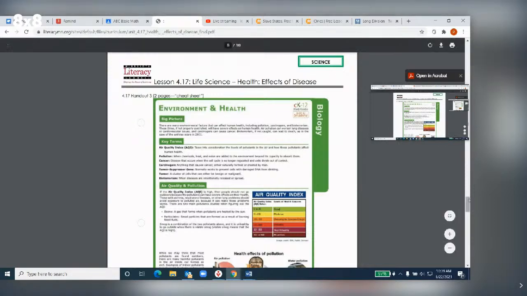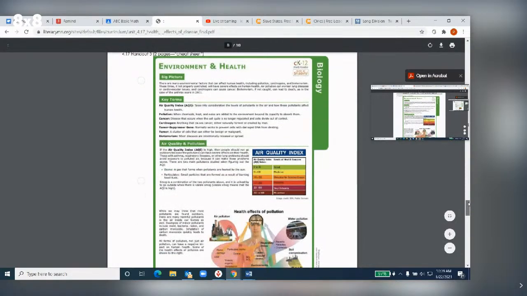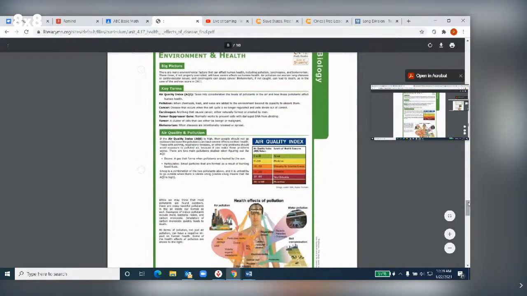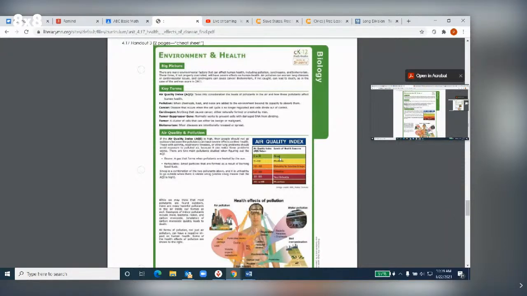Okay, so the air quality index, sometimes you might see that on your phone. Anytime the air quality index is 0 to 50, that's good. That means you can breathe the air without worrying, though if you have asthma you have to worry. 51 to 100 is medium, which is still okay.